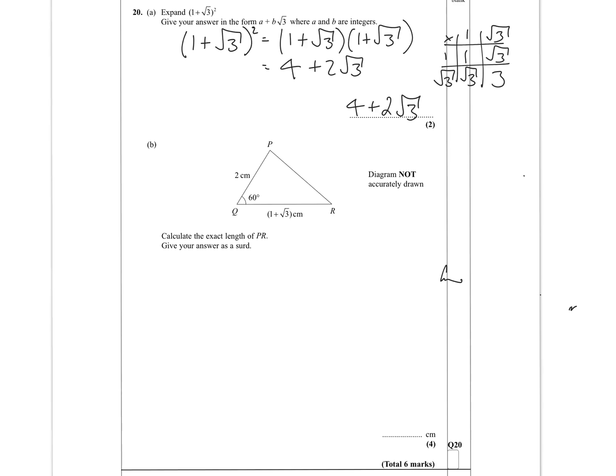Okay, and then this one says calculate the exact value of the length PR. So PR is here, give your answer in surd form. Quite a bit involved in this question.